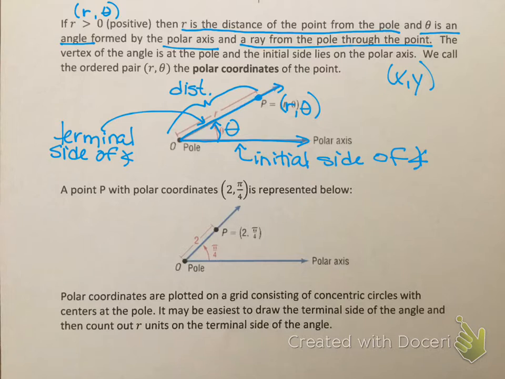So if we have some point P and its polar coordinates are 2, pi over 4, I'll give you a hint. I always draw out my angle first. Then I count out r.